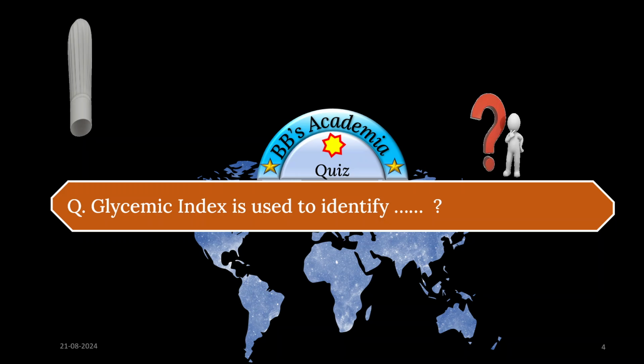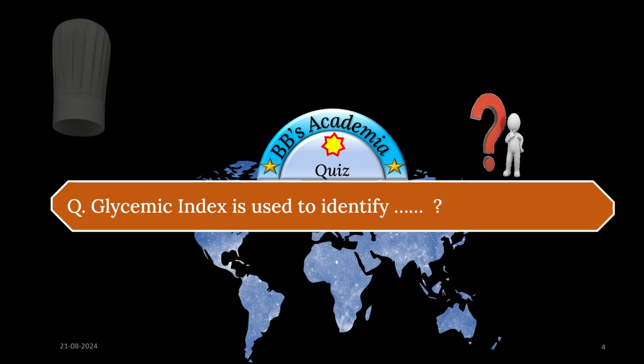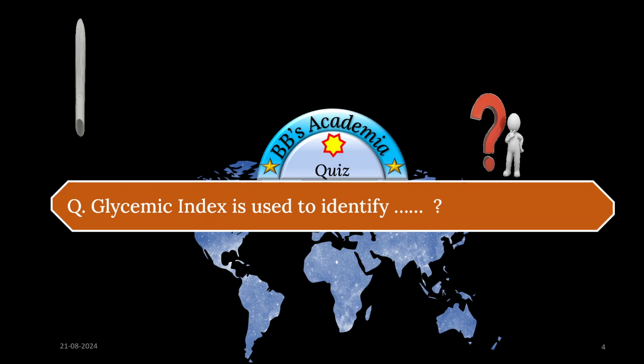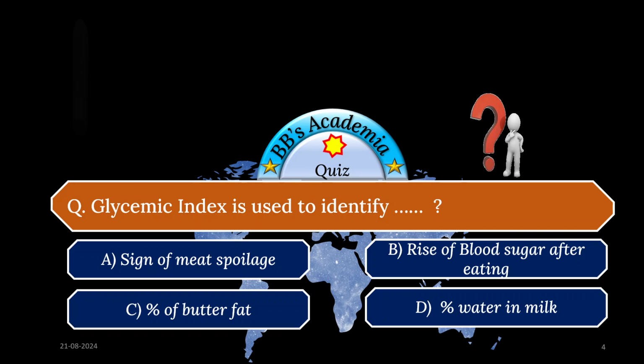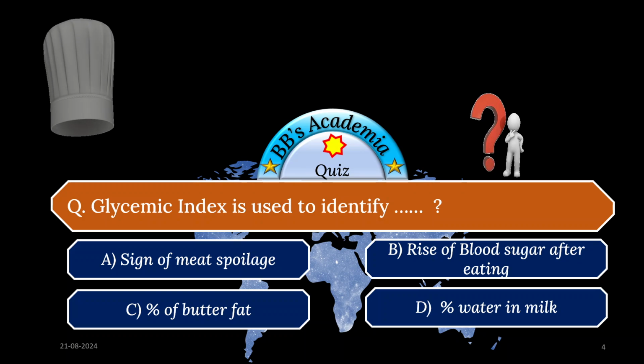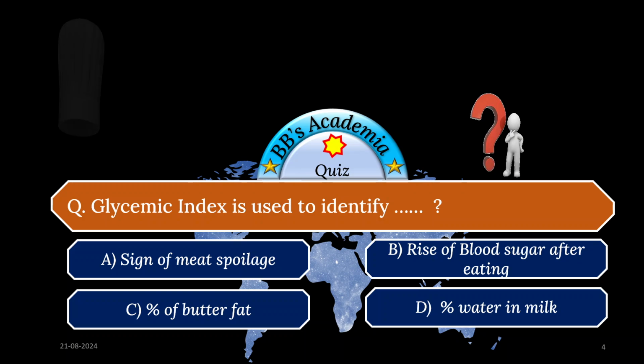The question is, glycemic index is used to identify what? Your 4 options are on your screen now. Option A, sign of meat spoilage. Option B, rise of blood sugar after eating.